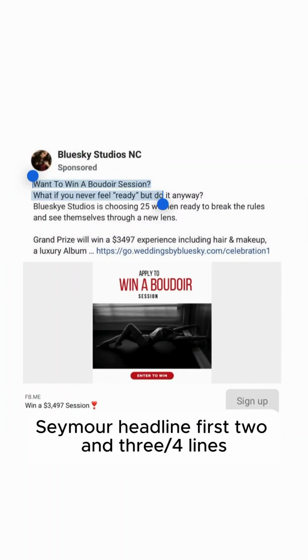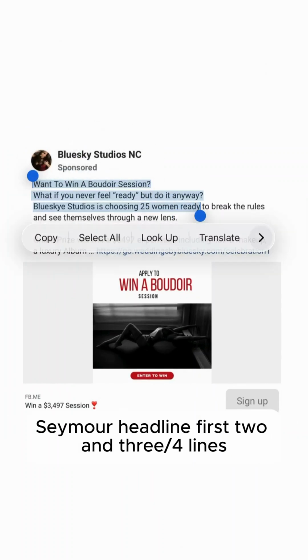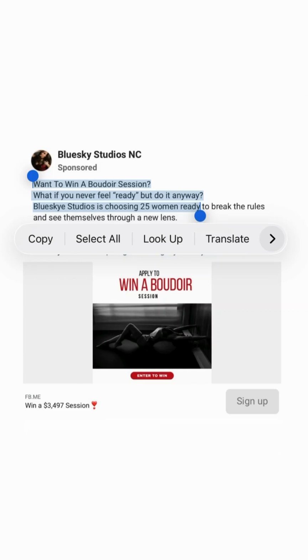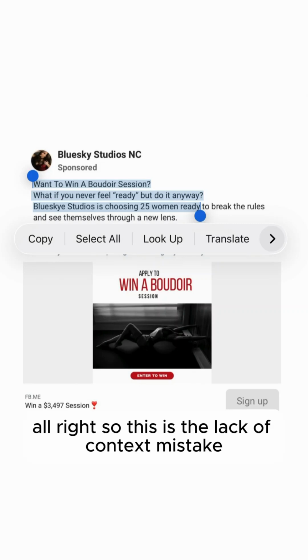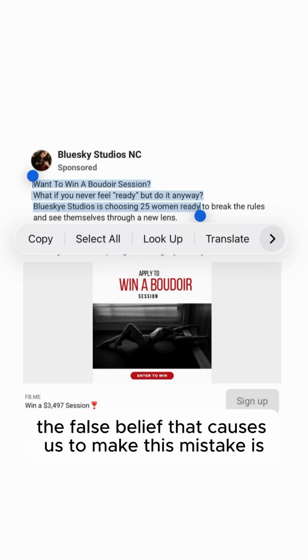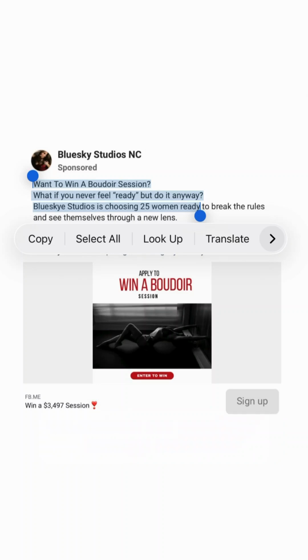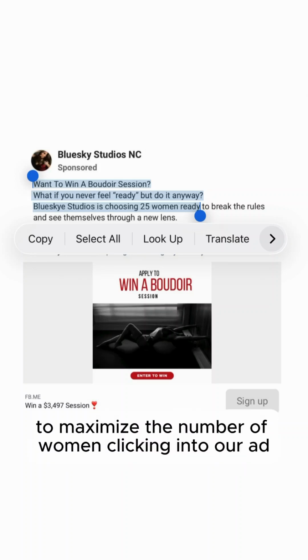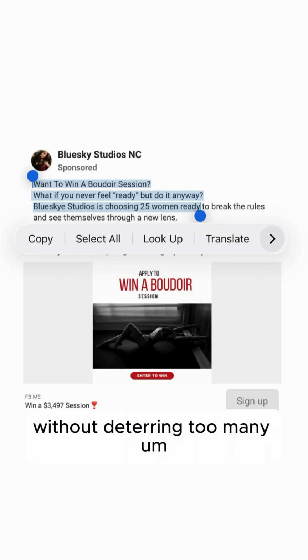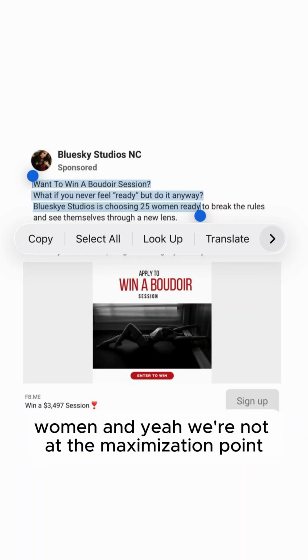Finally, let's look at the headline. First 2 3/4 lines, Facebook mobile news feed. Boudoir session. All right, so this is the lack of context mistake. The false belief that caused us to make this mistake is we believe we provide enough context to have more of the right women, or to maximize the number of women clicking into our ad without deterring too many women. And yeah, we're not at the maximization point.